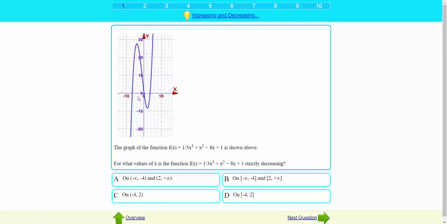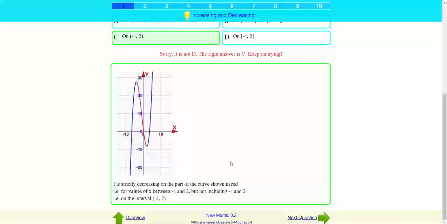This is 2, and this is 4. On the part of the curve shown in red, for values of x between -4 and 2, but not including 4 and 2, because that's where the curve is happening.